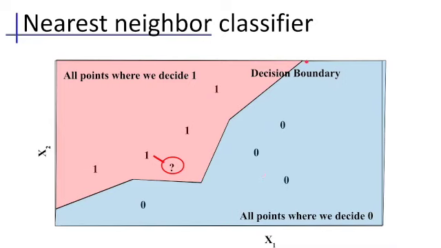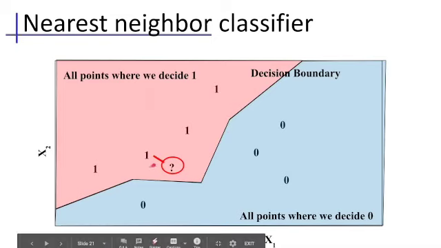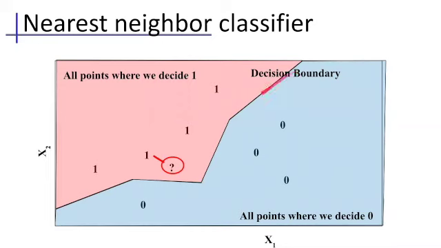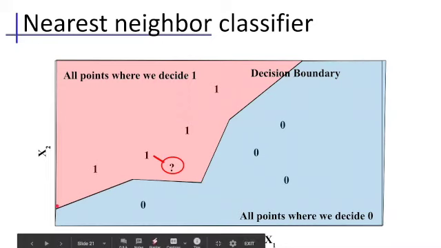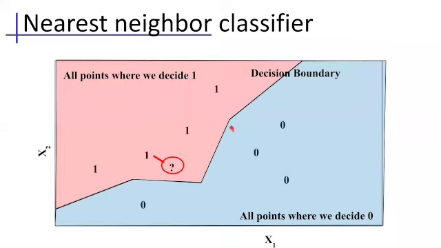And usually we call the boundary between these two label regions the decision boundary. And that terminology is very common, not only for nearest neighbor approaches, but for many, many machine learning approaches. Sometimes we always think about what the decision boundary is for a particular approach.